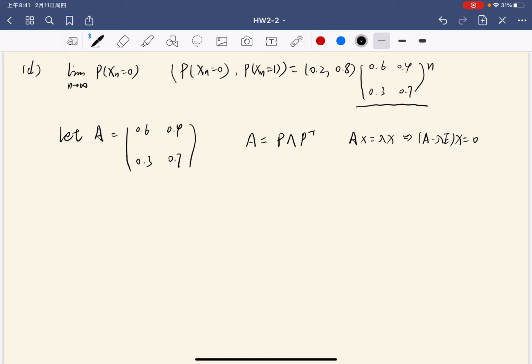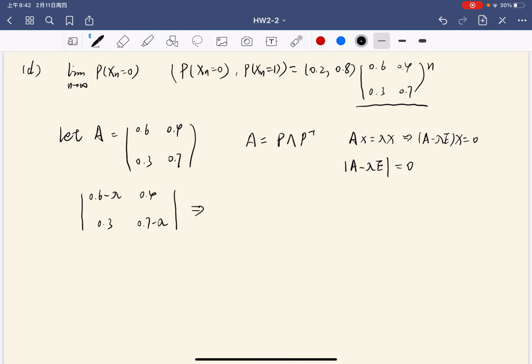In order to satisfy this equation, the determinant of A minus lambda multiplied by E needs to be 0.